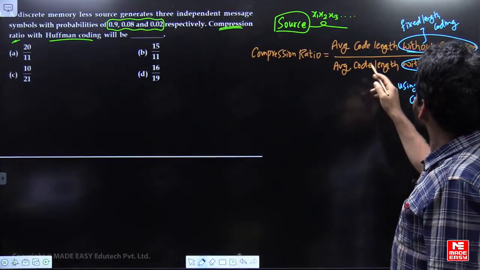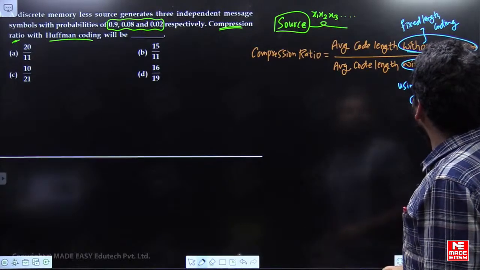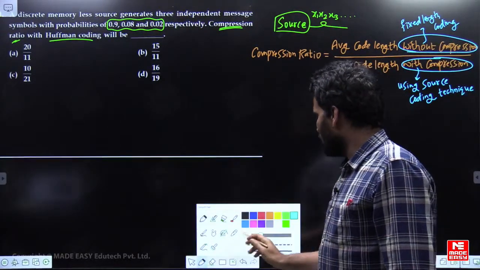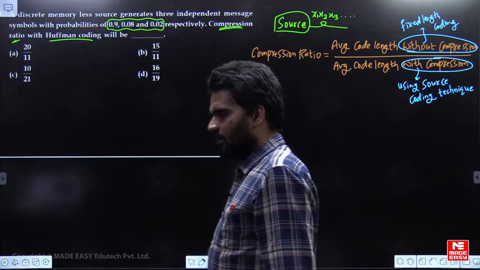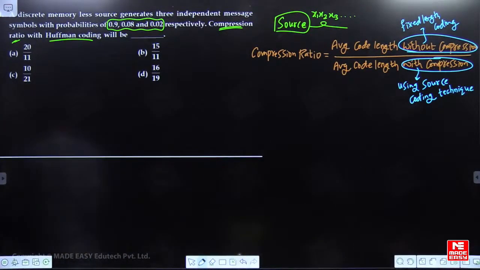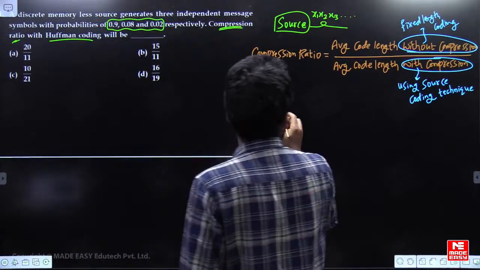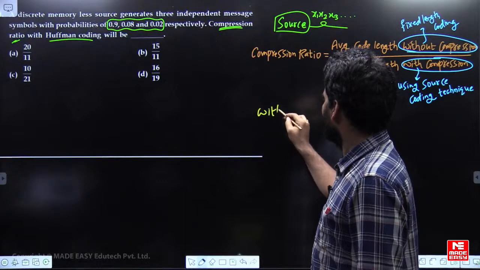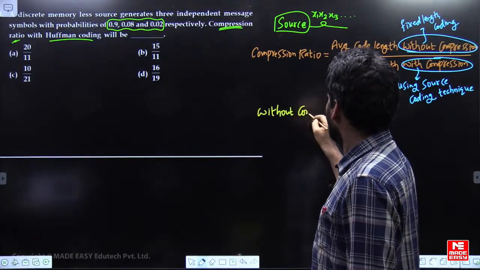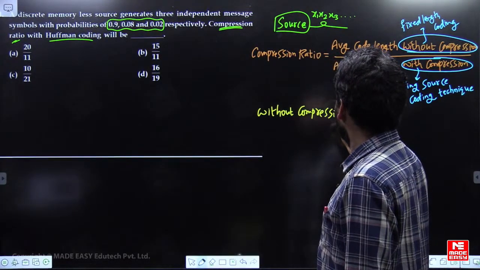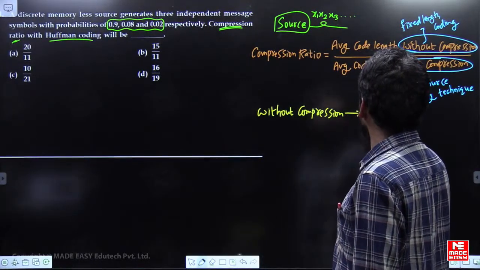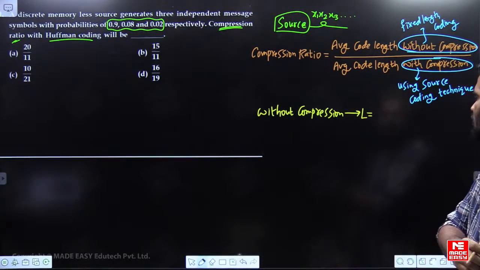So what is the average code length with fixed length coding? Can anyone tell me? Without compression, I am denoting the average code length with L without compression.